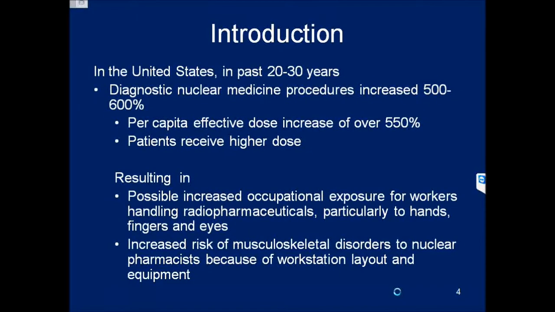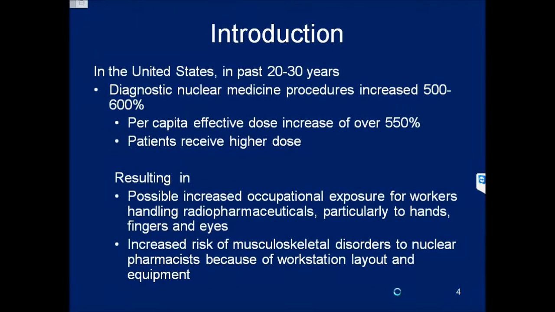I use prevention through design as part of my dissertation. The reason why we are looking at my topic is that in the U.S. in the past 20 to 30 years, the number of procedures used in diagnostic medicine using radionuclides has increased 500 to 600%, and patients, because of the type of radiopharmaceuticals being used, are receiving higher doses.